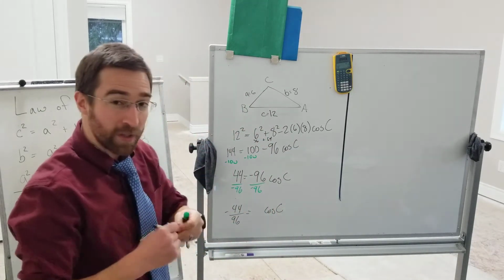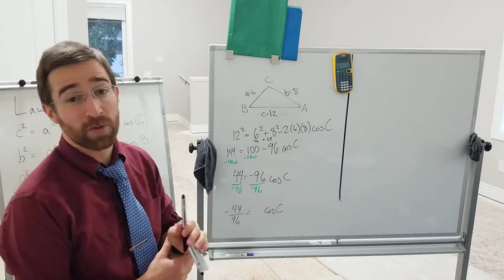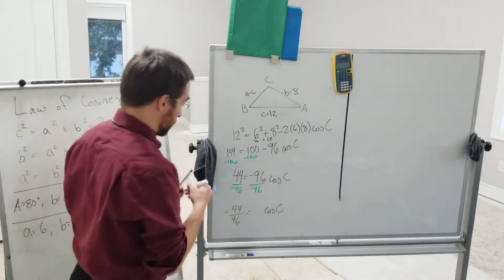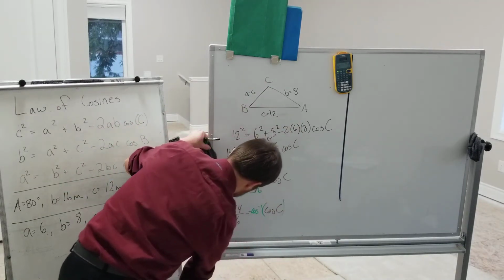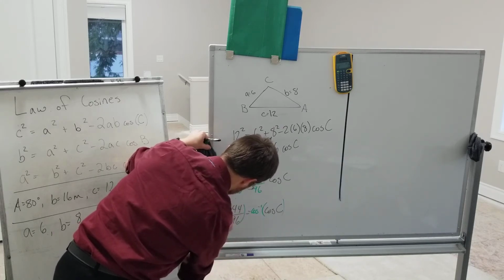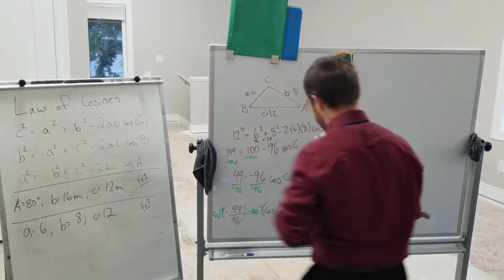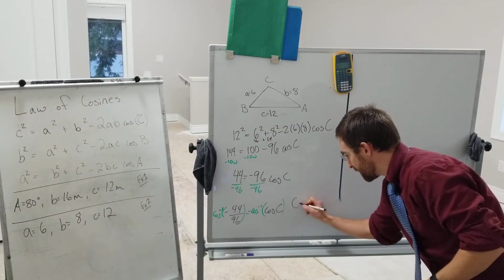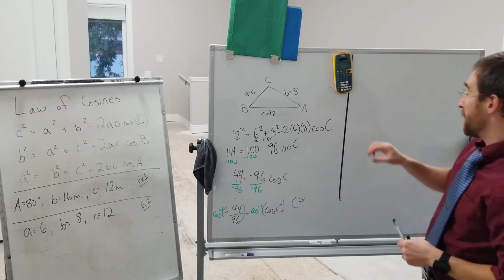I want to get what C is equal to. So I'm going to take the inverse cosine, or arc cosine, of each side, and that's going to give me angle C is approximately, and I'm just going to plop that in my calculator.